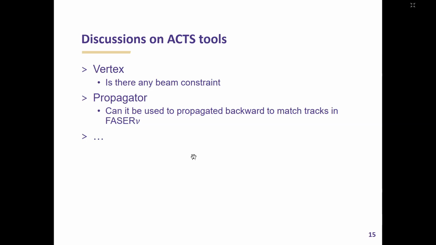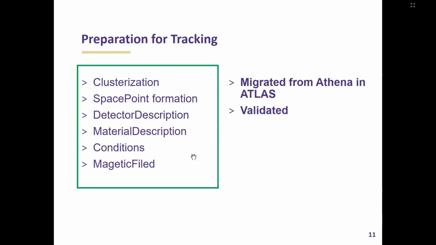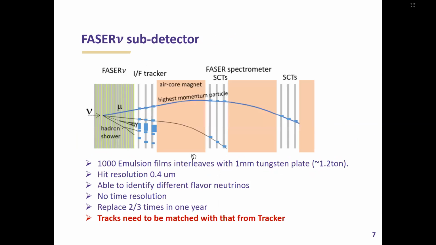Great, thanks a lot. Any questions or comments or answers even? I have a question again. Sorry, I'm not raising my hand. Sure, go ahead, John. Thank you. Earlier you were talking about the interface tracker between FASER and FASER new. From the diagram, it looks almost exactly like the tracking stations.